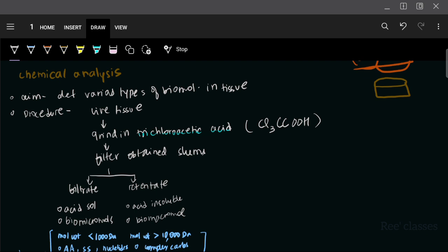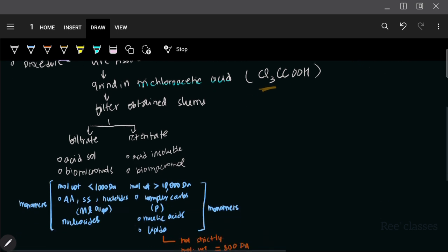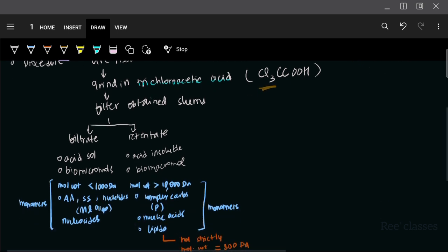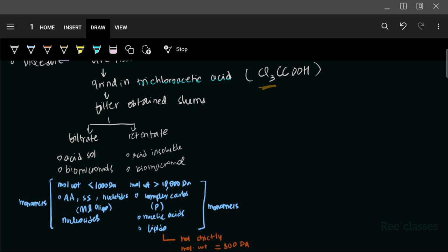So we'll take this tissue, we'll grind it with trichloroacetic acid, right? Trichloro, chlorine, 3 molecules of chlorine, and acetic acid. We're going to filter the obtained slurry, right? It will be like a slurry with broken down elements, but a bit thick.